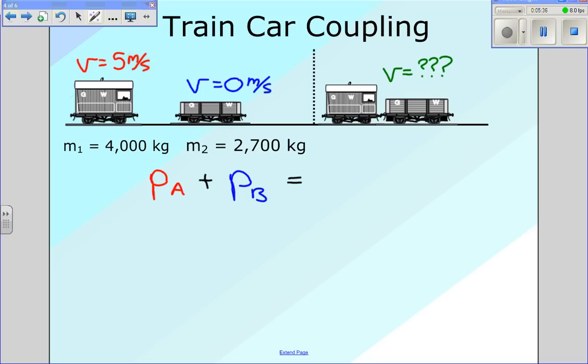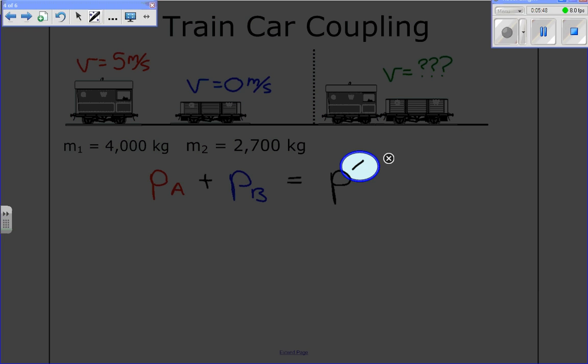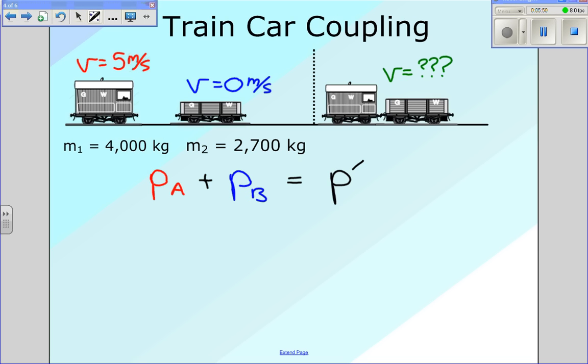Now, since this is an inelastic collision and they stick together, we can treat these as one object. I'm going to put a prime notation on here. If you see it right there, that prime does not mean derivative. Prime simply means after the collision, and so you'll see that as we work through problems in this unit.